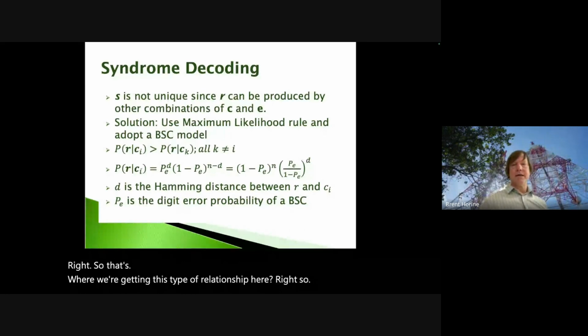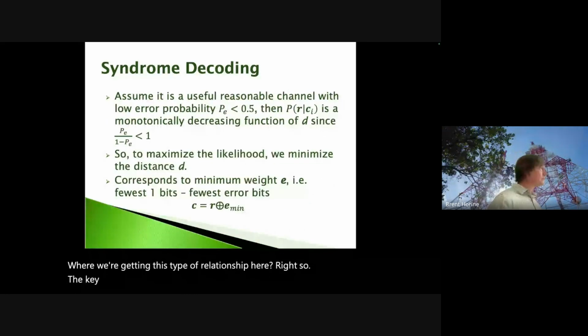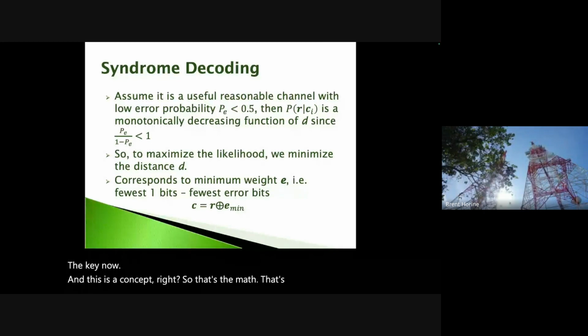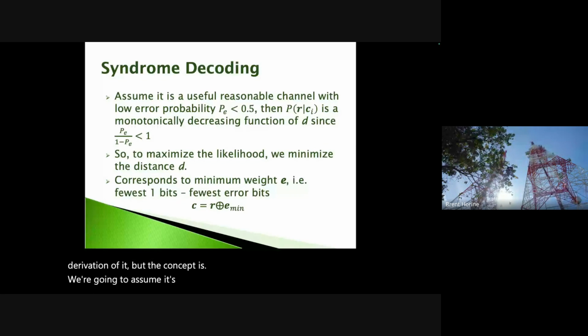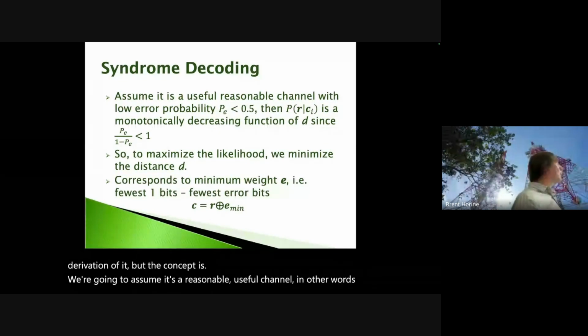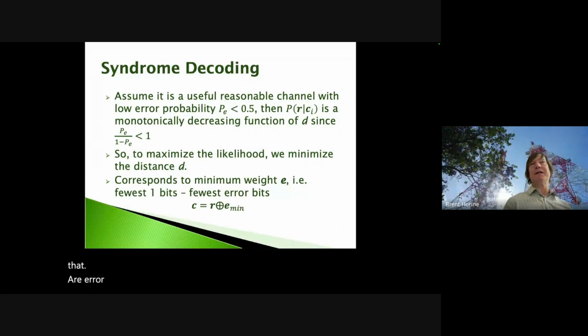So the key now, and this is the concept: that's the math, the derivation of it, but the concept is we're going to assume it's a reasonable, useful channel. In other words, that our error probability is less than 1/2.